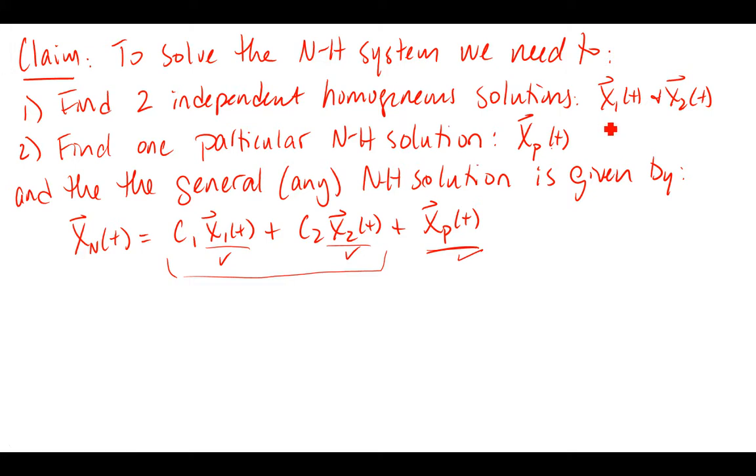As long as we could find the two homogeneous solutions, and we were very good at doing that at this point, and as long as we could find one non-homogeneous solution, which we usually call a particular solution, or XP for shorthand, then the general solution is given by taking all combinations of the homogeneous guys and then throwing in your one particular non-homogeneous solution.